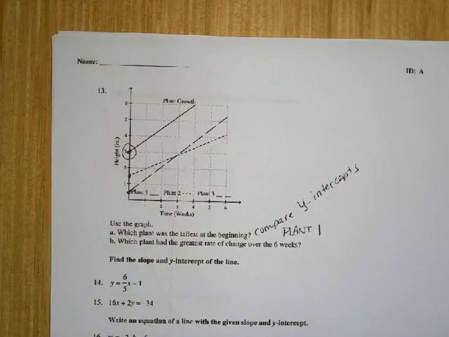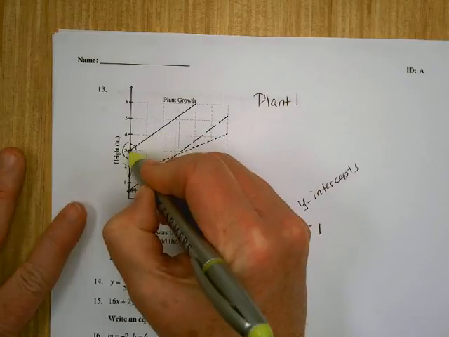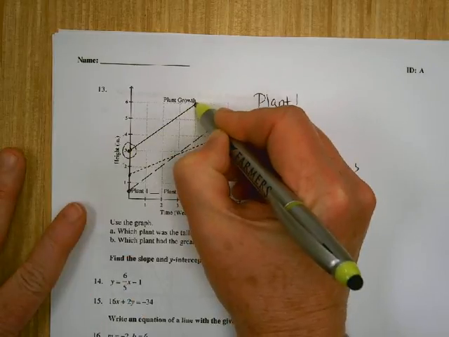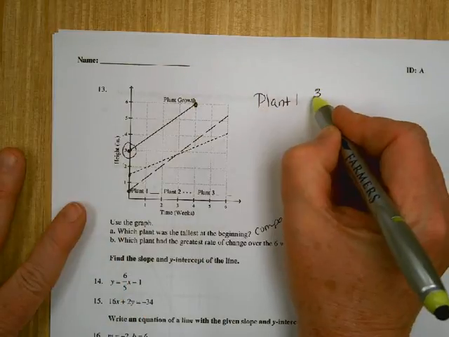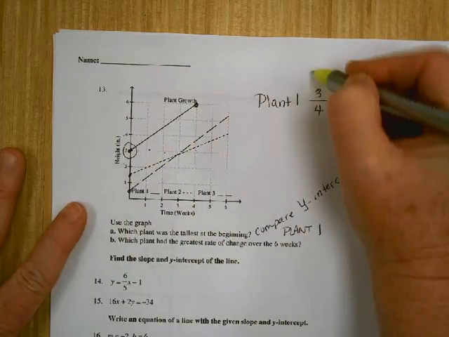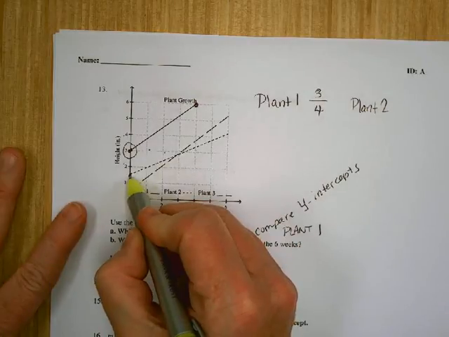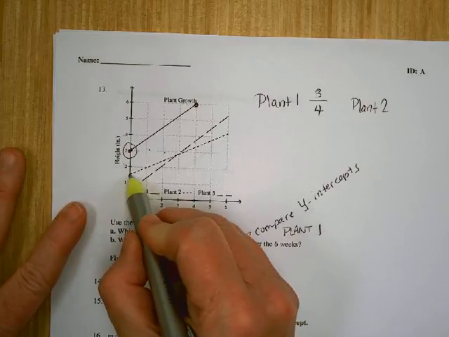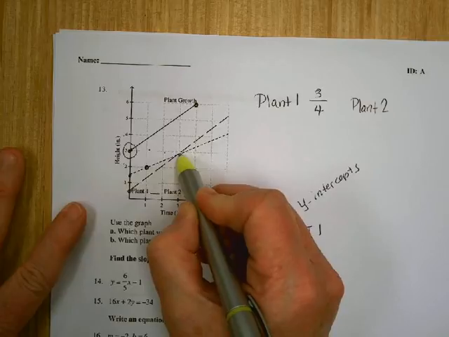Which plant had the greatest rate of change over the 6 weeks? Well, we need to find the slopes. Plant 1 went from 3 to 6, so it went up 3 in a matter of 1 week, 2 weeks, 3 weeks, 4 weeks. That's the slope. Plant 2, which is this dotted line, looks like it's a good corner here and here.